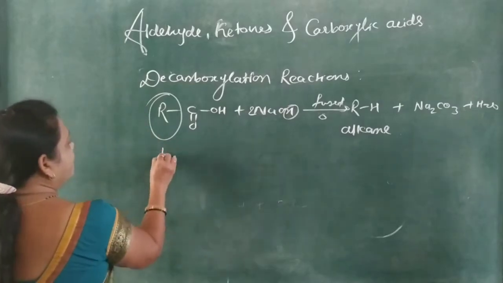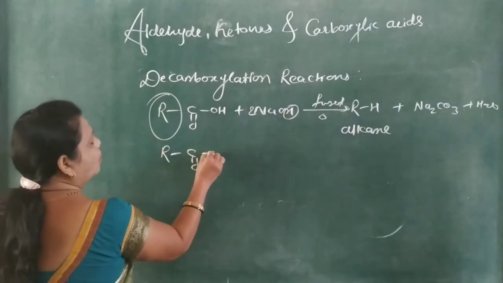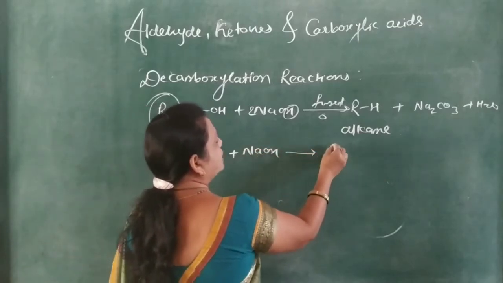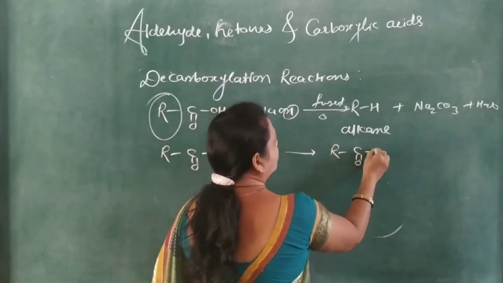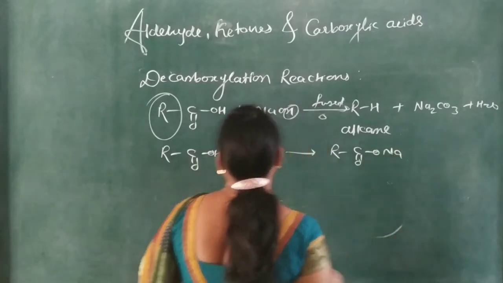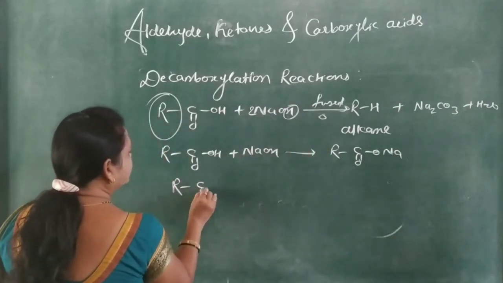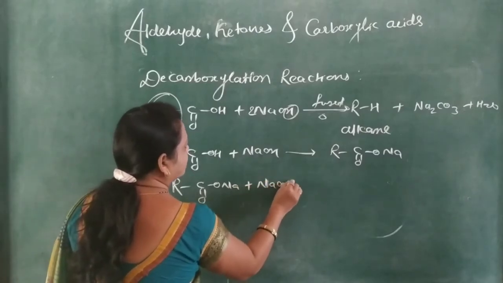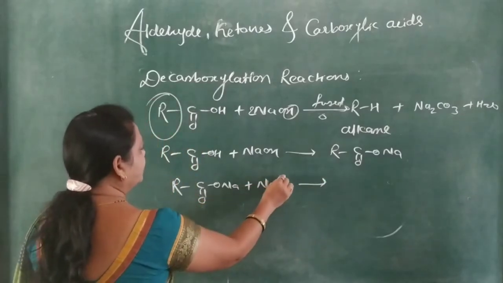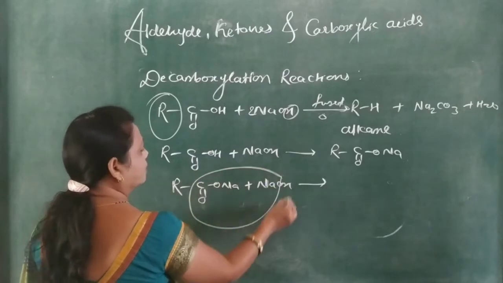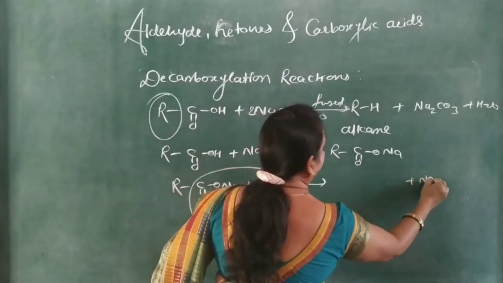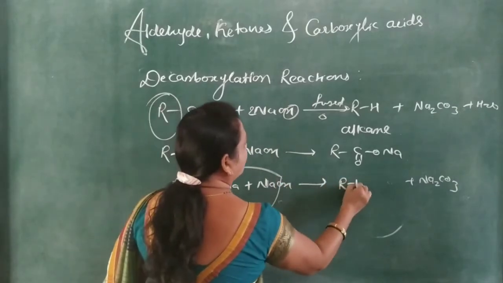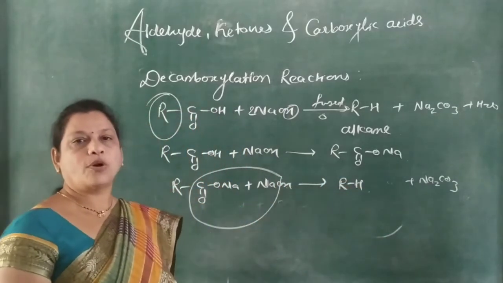Or it may be written as RCOOH plus NaOH. First it gives RCOONa, sodium carboxylate. Then sodium carboxylate again reacts with NaOH to form Na2CO3, and H combines here to form RH, the corresponding alkane.